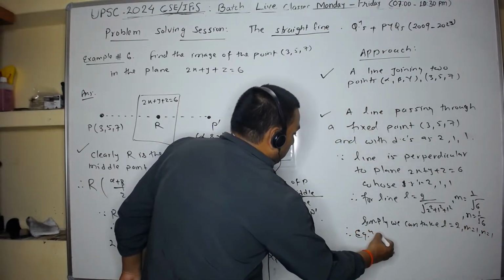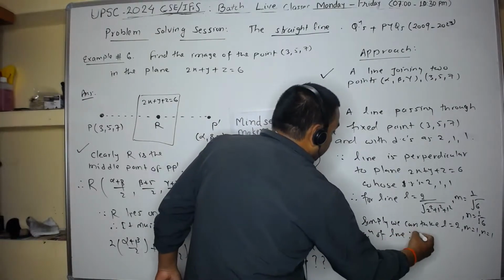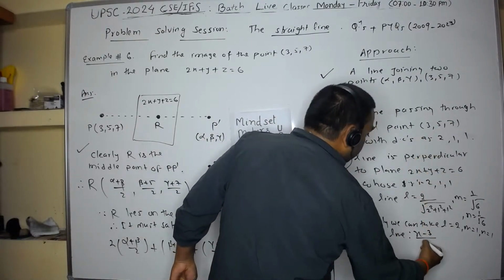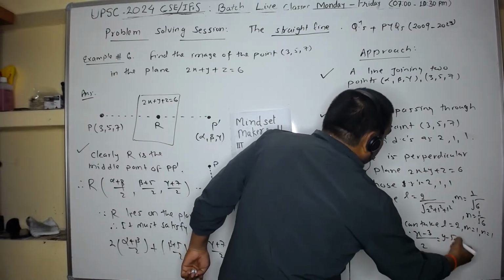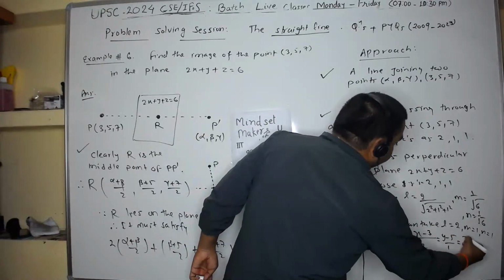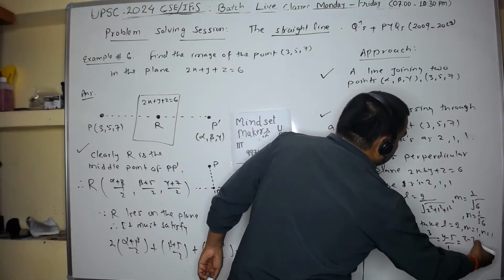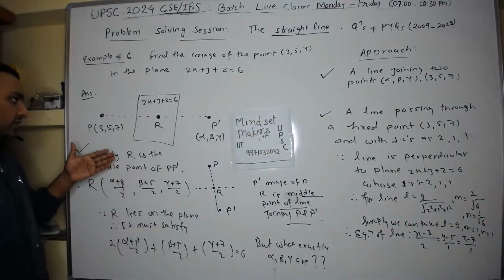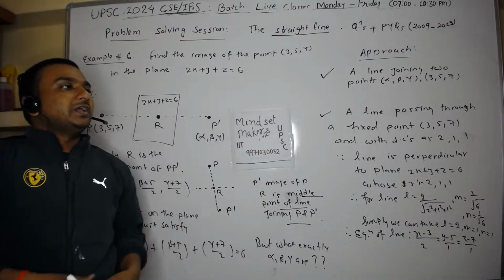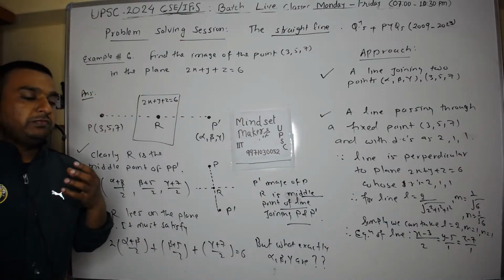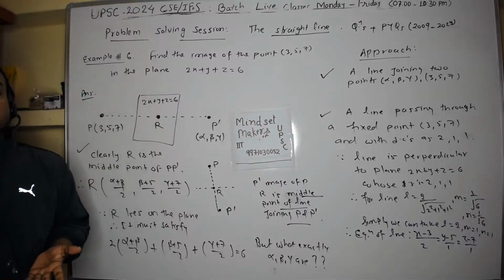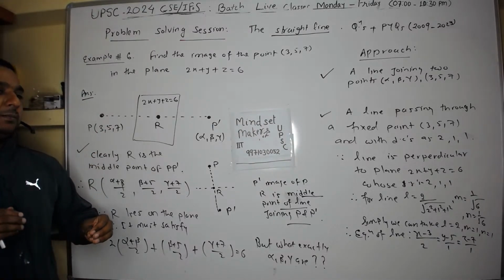So what will be the equation of the line? The equation of a line passing through a point. Now look, why have I told you these 3 different approaches? Reason being, when you will be in your mains exam hall, you have to write both of the papers on the same day. So it is not possible to remember everything at such a minute level.